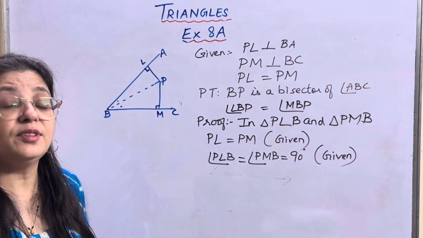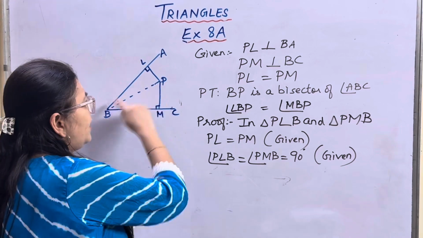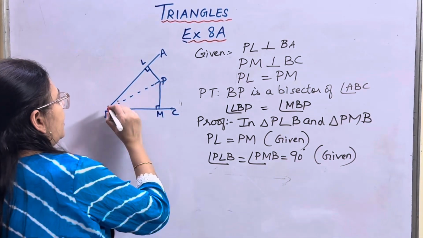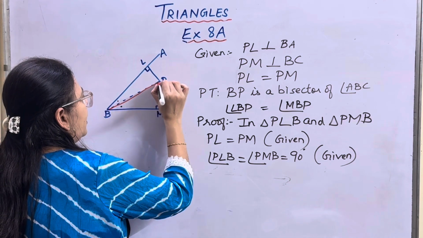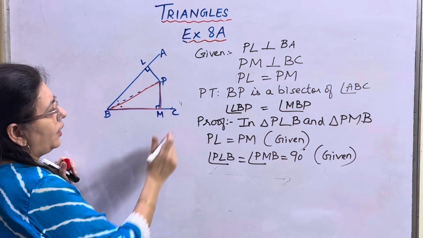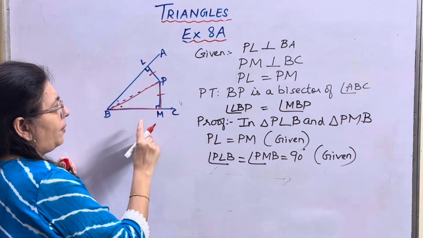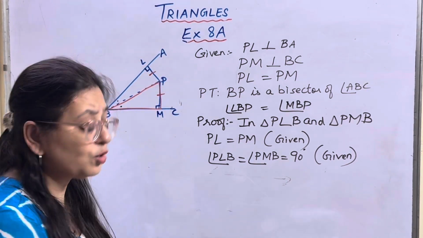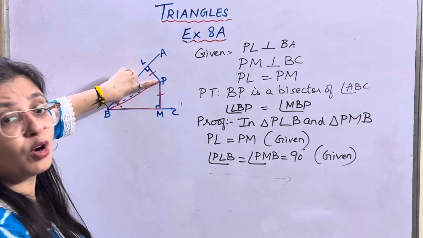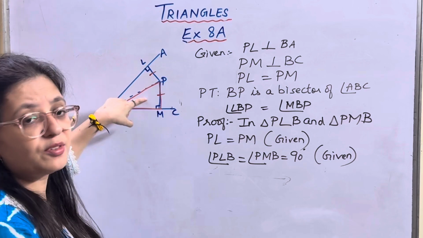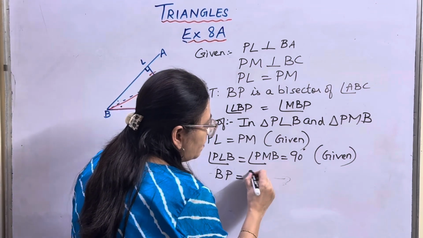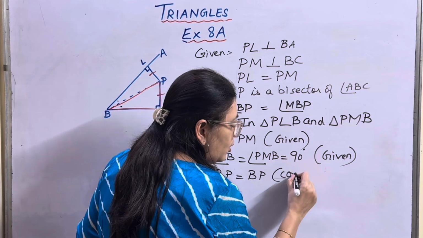Now think of the third condition in these two triangles. Use your color pencil to understand it. Now I draw one triangle, this one. I have taken that PL is equal to PM and these two angles are congruent. Third one is BP. This is a common side for both these triangles. So BP is equal to BP. The reason is common side.